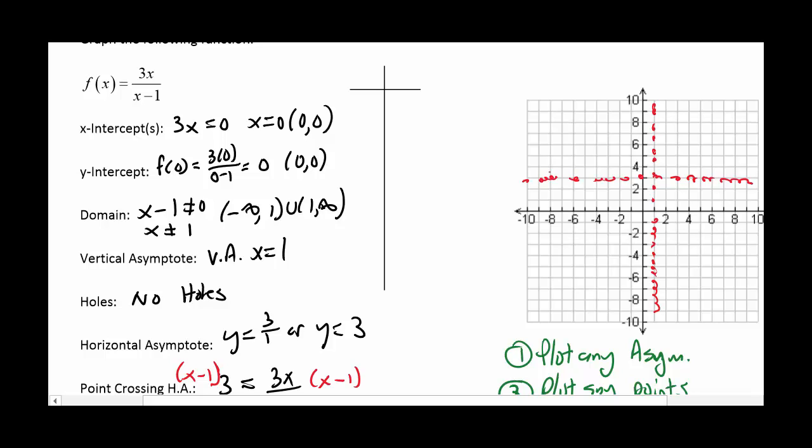Then I have an ordered pair. So I know it crosses at the origin. Okay, so the question is, now what?